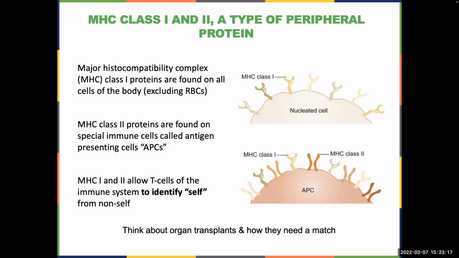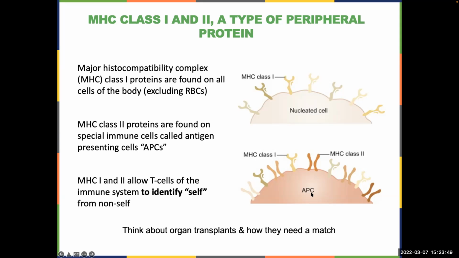And now we know that there are two types. Class 1 is on all of the normal nucleated cells in the body. We say nucleated cells because red blood cells are not nucleated and don't have MHC. Everything else will have MHC class 1, and additional MHC class 2 is on specialized immune cells called antigen presenting cells.